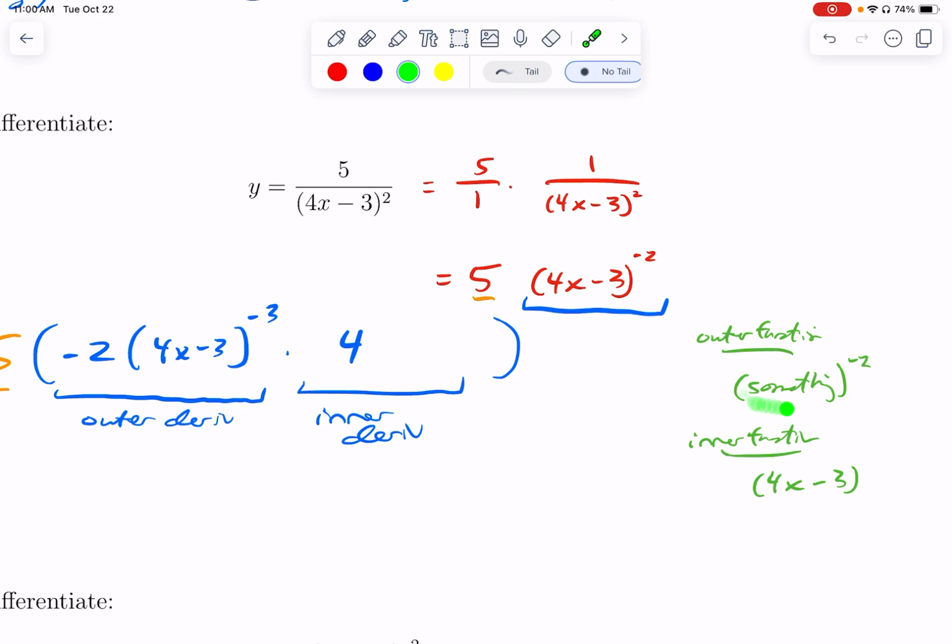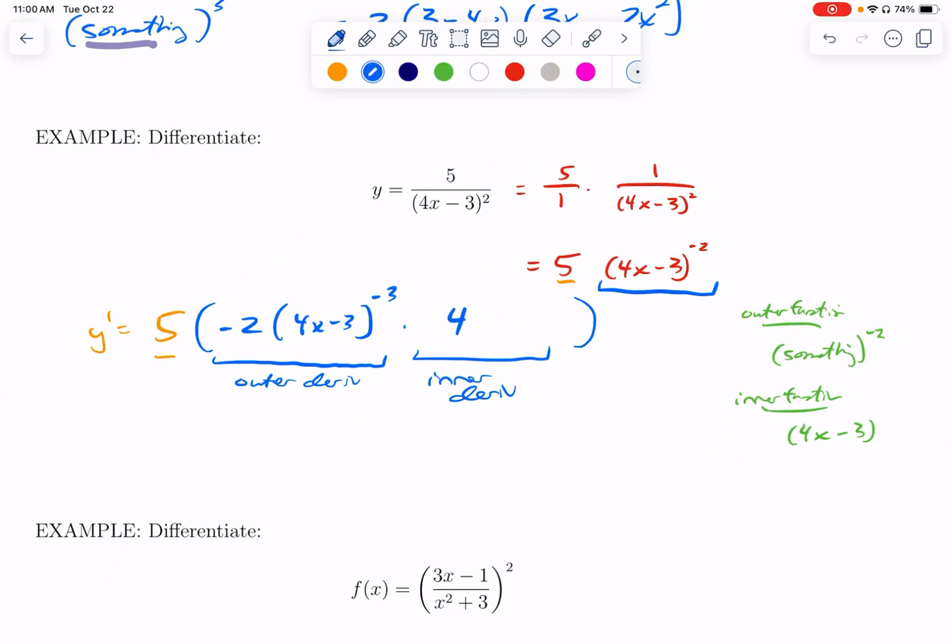Outer function is something to the negative 2, so the derivative is negative 2 times the same thing to the negative 3. Inner derivative is just the number 4. So if we wanted to, we could write this as 5 times negative 2 times 4, which is negative 40, and then we have 4x minus 3 to the negative 3. If you wanted to get rid of the negative exponents, here's a way of writing your final answer.